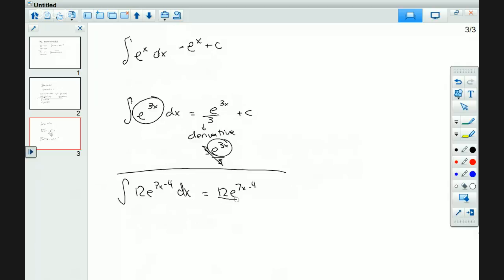So if there's a constant number ahead of it, you just leave it? Wait, why would it be 12? Because e is a number, not a variable. So it's like 12 times. I thought it was 4. What's the derivative of 4? 0.